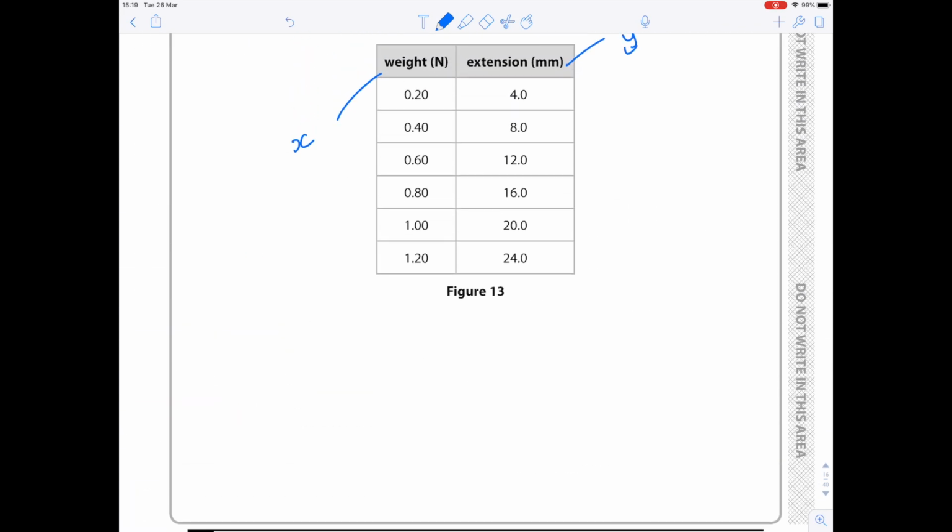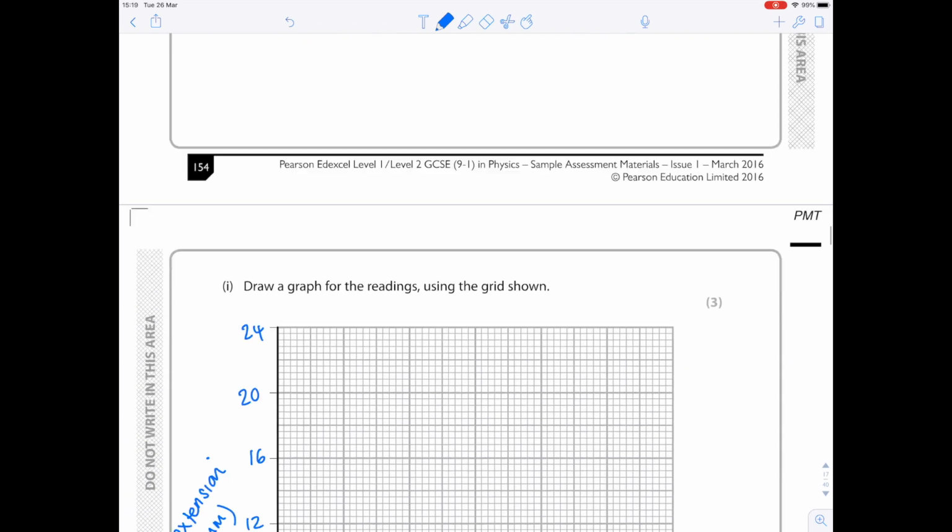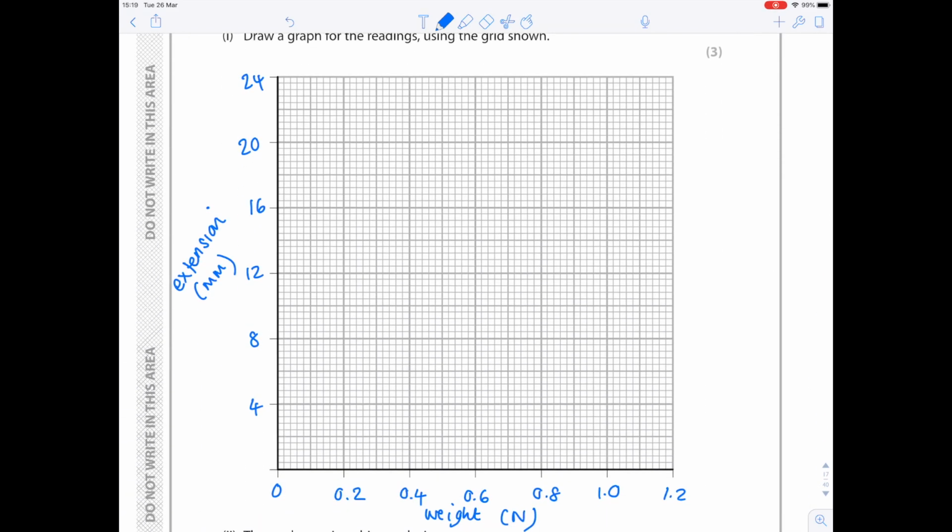Double check your numbers, make sure that it's actually plotted correctly and accurately, and then we're going to use little crosses to show the points on the graph. And we can see a nice linear relationship. So use your ruler to connect the points.